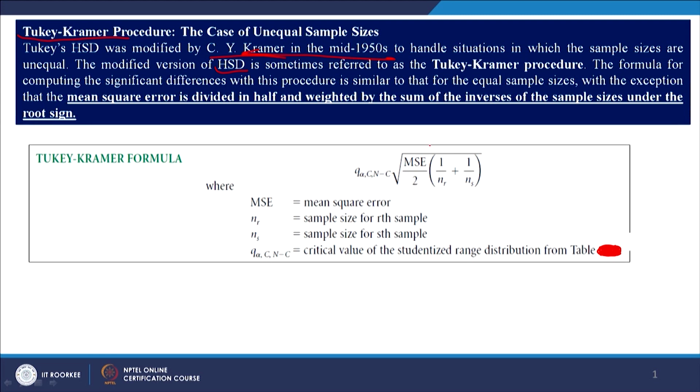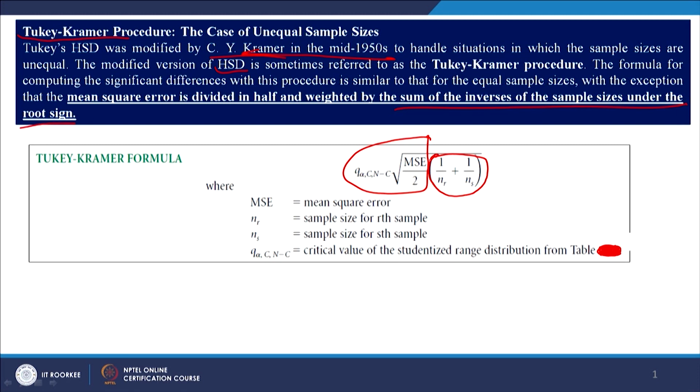If you look at the Tukey test, this was the formula for HSD. Now, this particular value has been added to this formula. So, what have we done? There is no difference except that the mean square error is divided in half, just see 1/2, and weighted by the sum of inverses of sample sizes under the root sign, right.